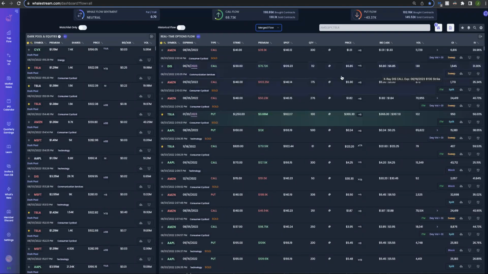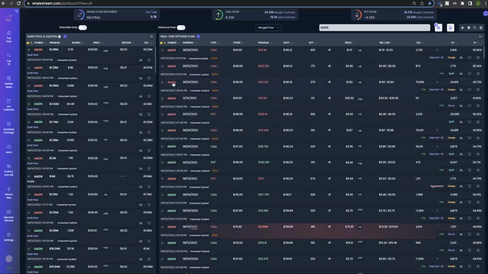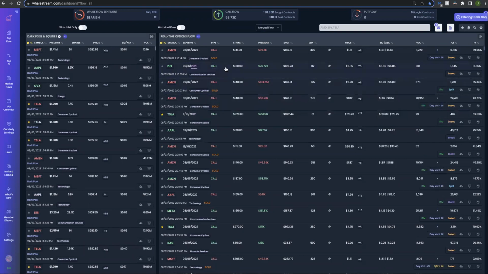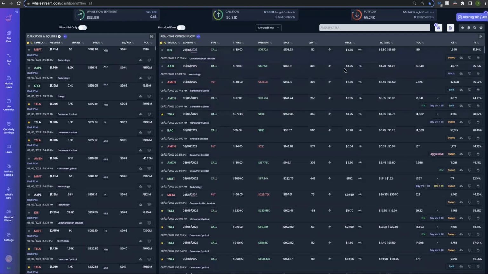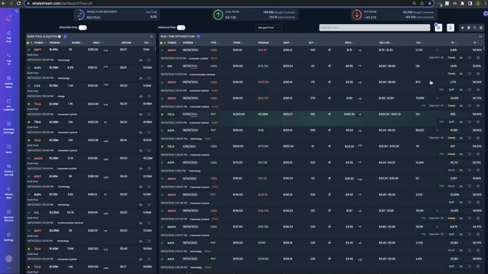Our dashboard, we get touted all the time because it's easy to use, it's easy to read, it tells you the important information, it's interactive. You can click on this and just see the sector. You can click on Amazon and it'll filter right to Amazon. You can click on calls, it'll filter right to calls. You could click on ask and only see things on the ask side.